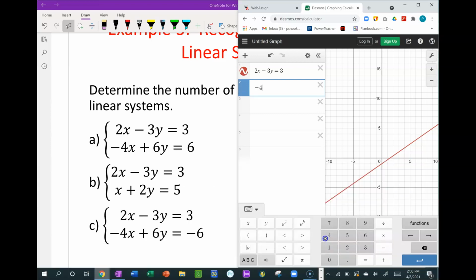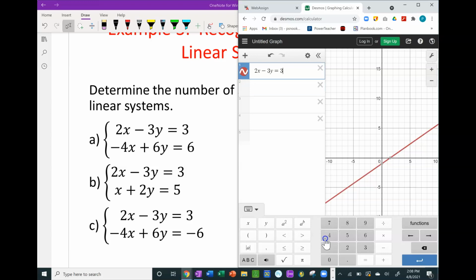I'm going to do it like this. Negative 4x plus 6y equals 6. And take a look over here.